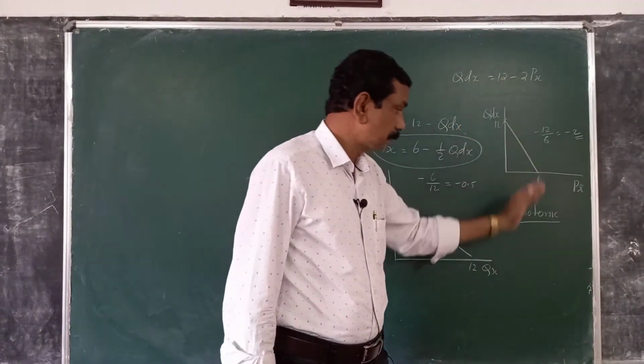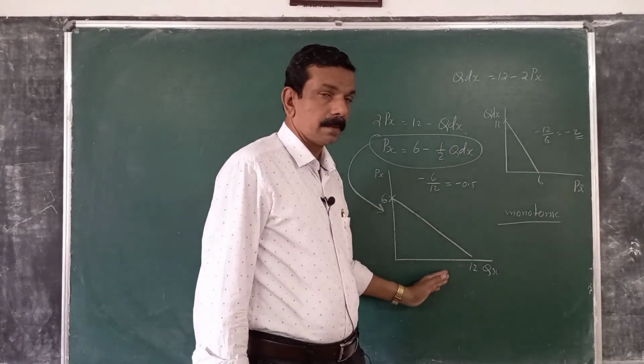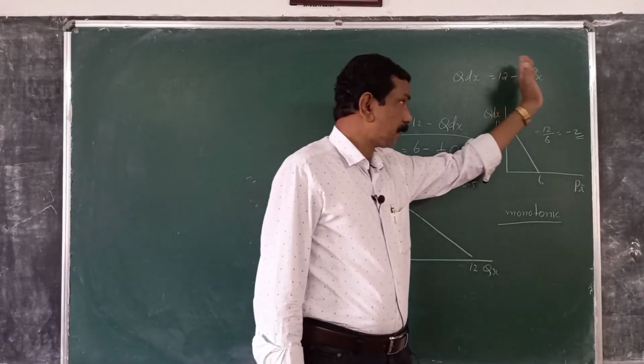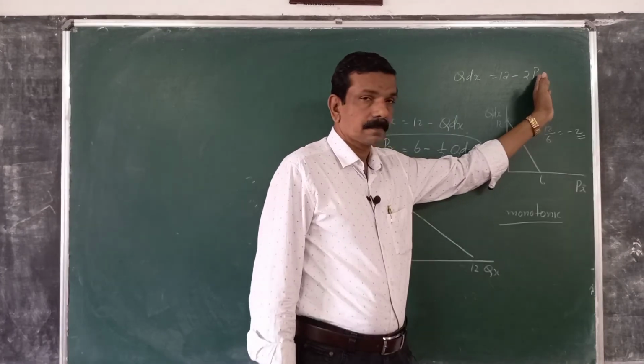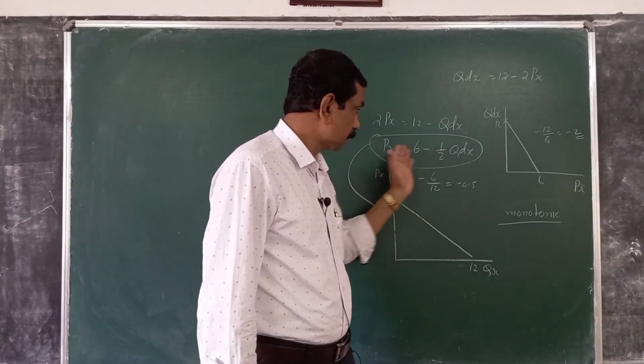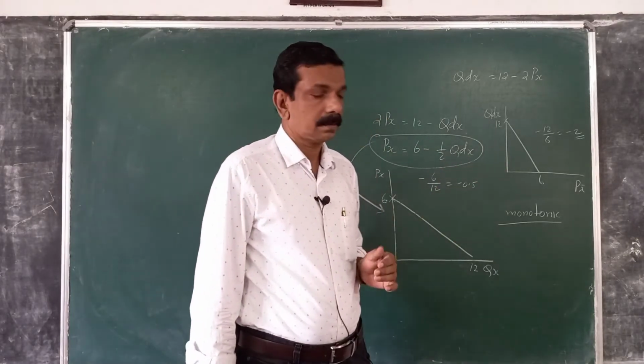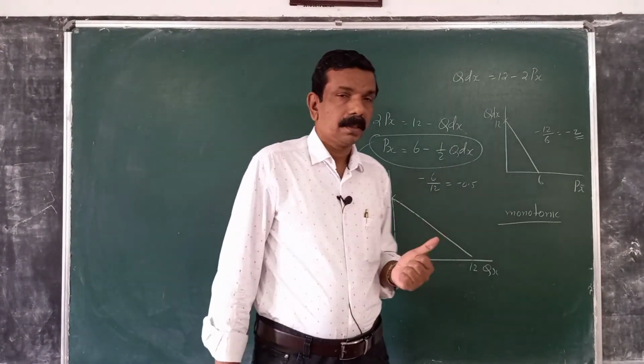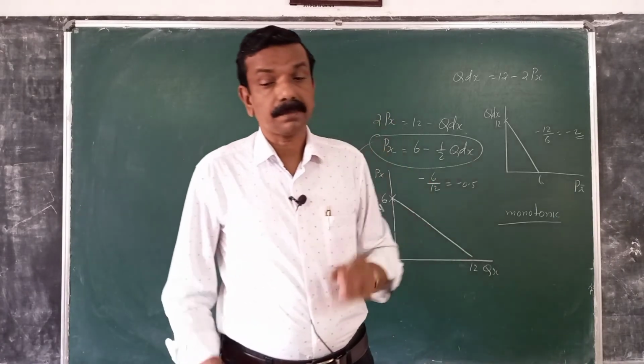In such cases, the inverse exists. So, we write Qdx as a function of Px and we draw the graph as Px is a function of Qx. That is why this confusion arises, and this should always be kept in mind.